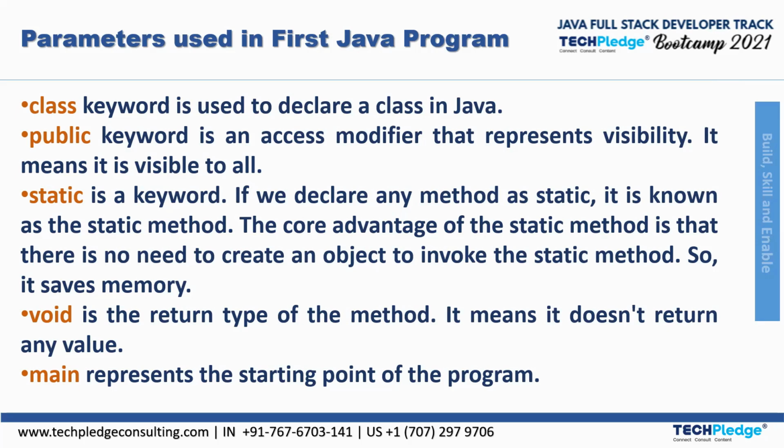So for saving memory, programmers usually tend to use static, but again, based on your requirements, you can make it static or dynamic. The next is the void keyword. Void means that it does not return any value. You can use a print statement or something like that, but essentially it does not return any value.